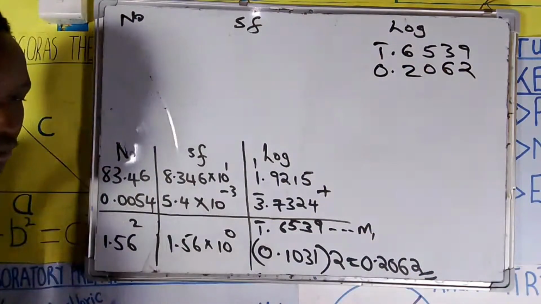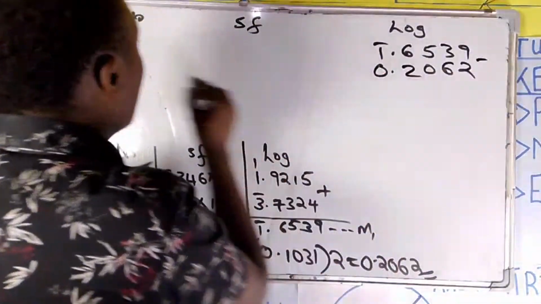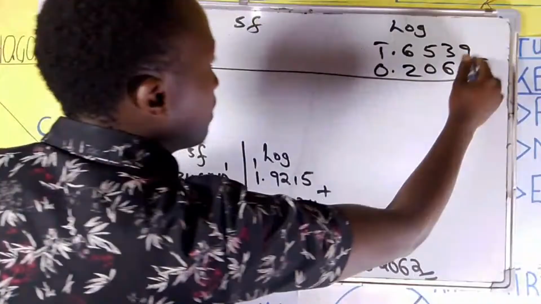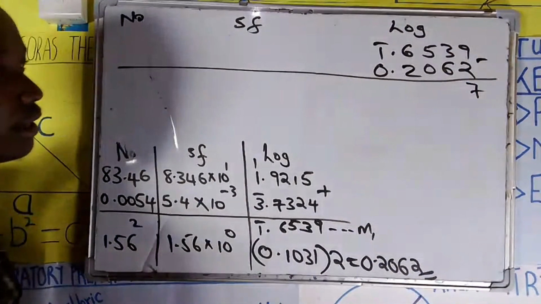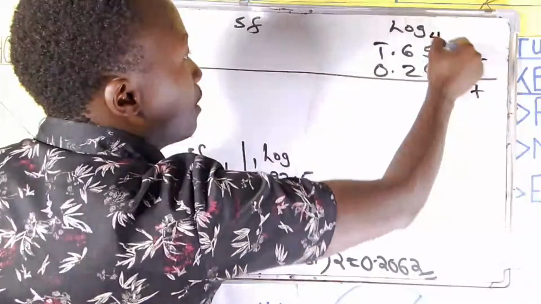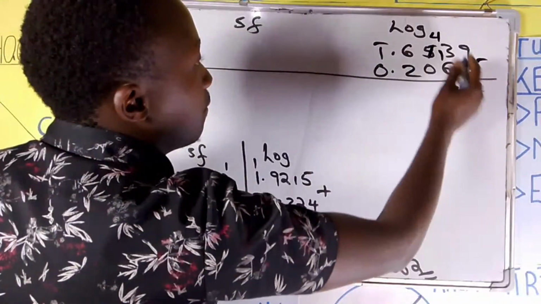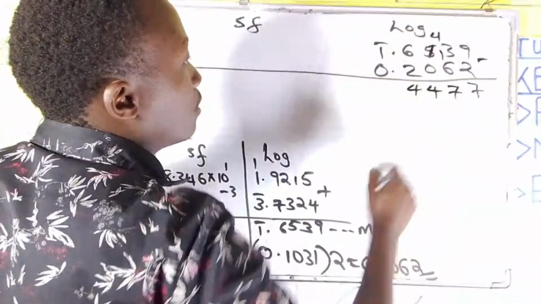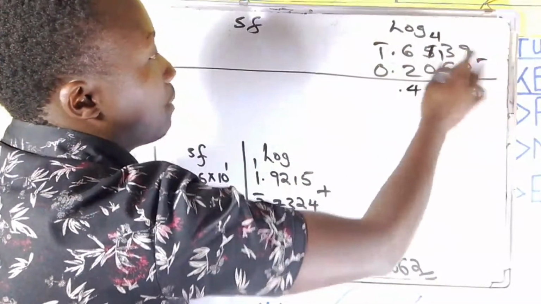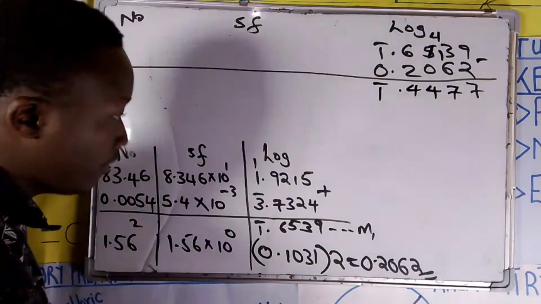Don't forget we are finding the cube root. When we subtract, 9 minus 2 is 7. 3 minus 6 cannot be done, so we borrow 1 from 5 and remain with 4. We have 13, and 13 minus 6 is 7. 4 minus 0 is 4. 6 minus 2 is 4. Then negative 1 minus 0 is negative 1. So that is what we have.